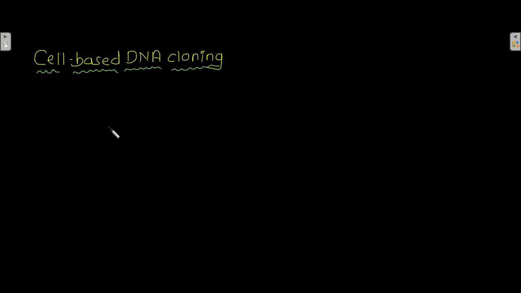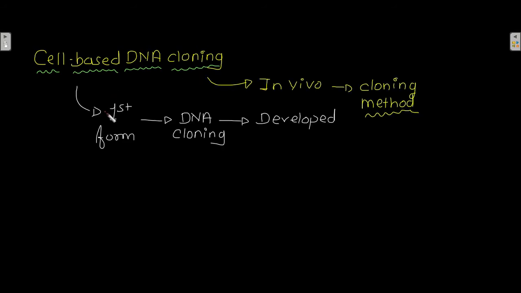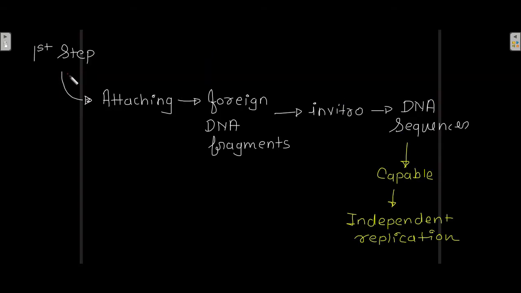Now, let's talk about cell-based DNA cloning. This cell-based DNA cloning was the first form of DNA cloning to be developed, and it is an in vivo cloning method. The first step in cell-based DNA cloning is attaching the foreign DNA fragments in vitro to the DNA sequences that are capable of independent replication.